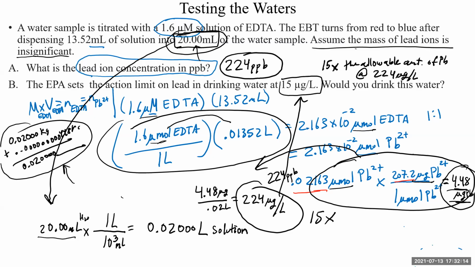But it's not a coincidence that our number ended up being exactly the same. Why do you suppose that is? Because a part per billion is exactly the same thing as a micro divided by a kilo. A micro is 10 to the minus 6. A liter of water, remember, is 1,000 milliliters, which is 1 kilogram of water.